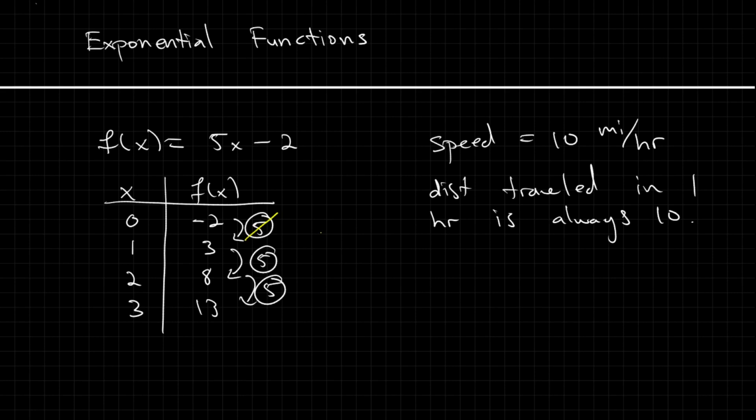The increase, as you increase x by 1, is based on some percentage of the previous y value. And depending on the context, this percentage might be expressed as a fraction of the previous y value.